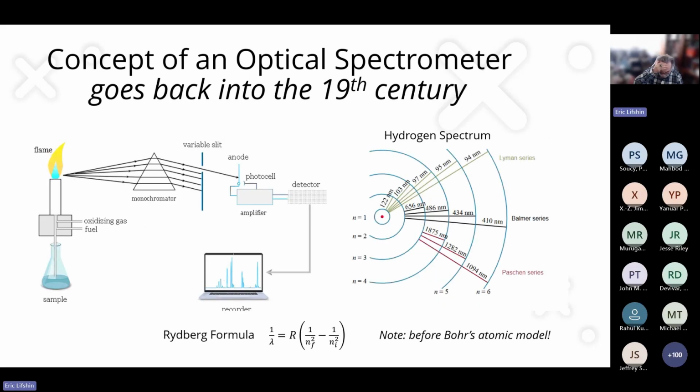So let's go back even a step further, and believe me, I will take us into more modern technology in a moment. But way back in the early part of the 19th century, Fraunhofer had developed an instrument called the optical spectrometer, which made it possible to disperse light with a prism, for example, or with a grating of some type, coming from a source.